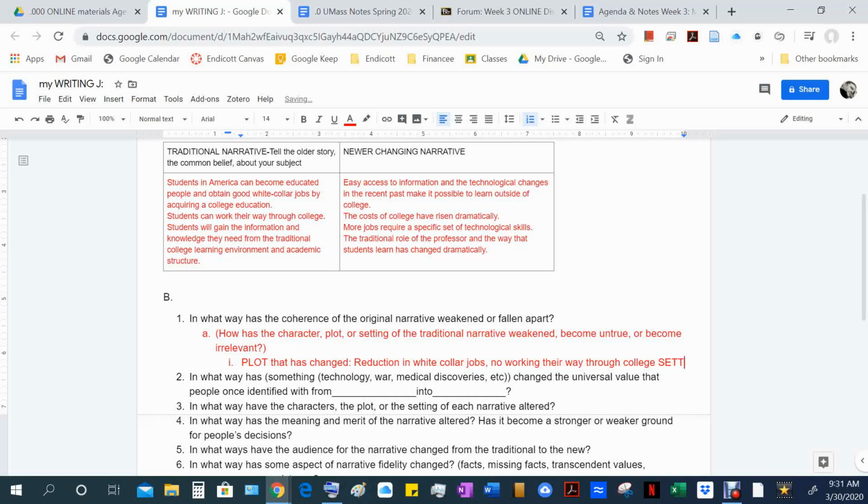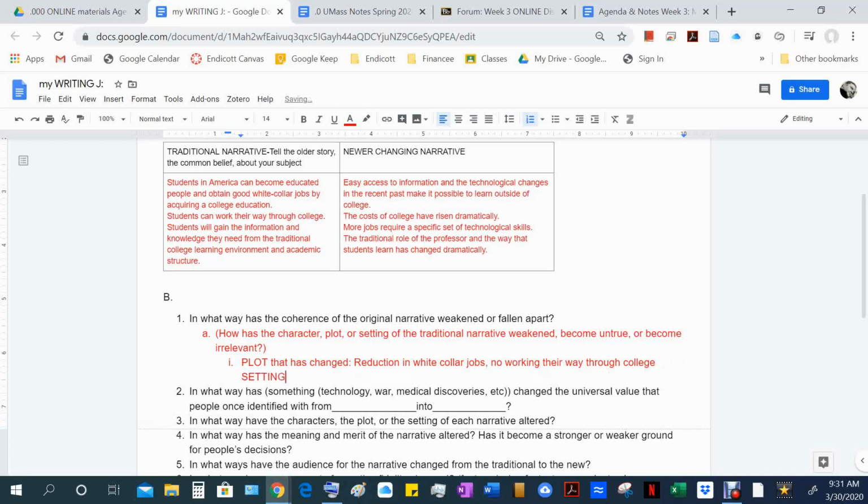And now, as we are seeing at this very instant, that setting is no longer true, meaning people have other ways to learn. You don't have to be in a college classroom. And part of the setting would be books. You don't necessarily need the textbooks idea, because there are ways to get information.